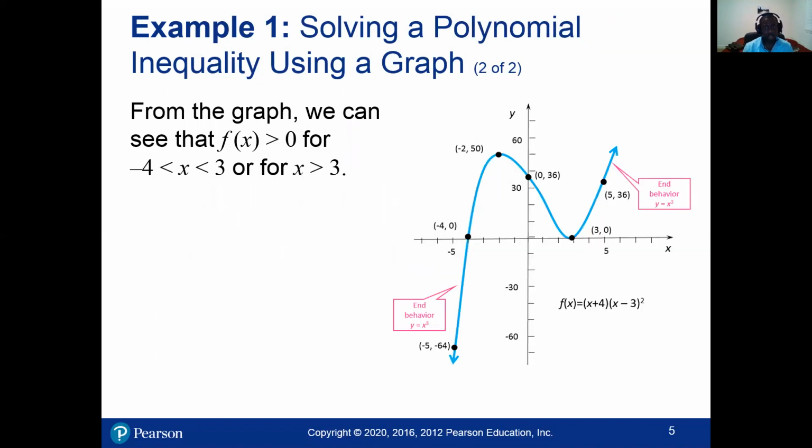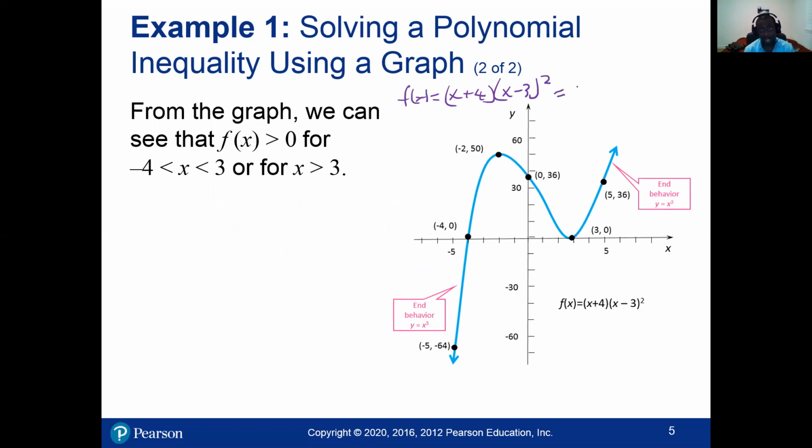Okay, so here's the graph. Our f(x) is (x + 4) times (x - 3) squared. All right, so if you want to graph this, what is the degree?